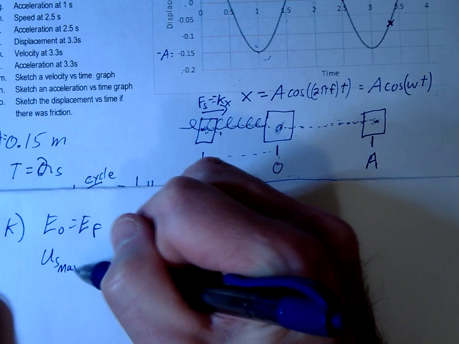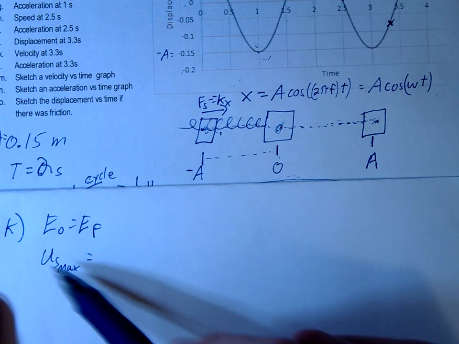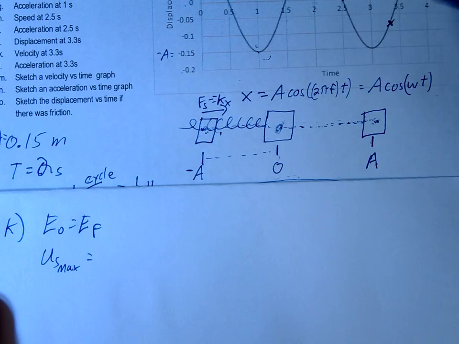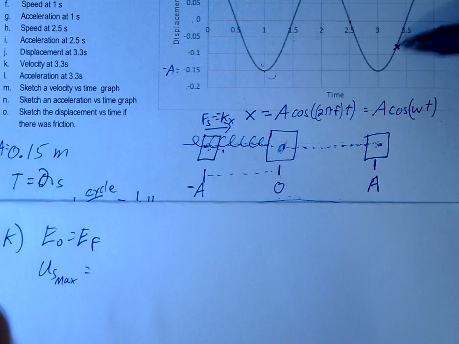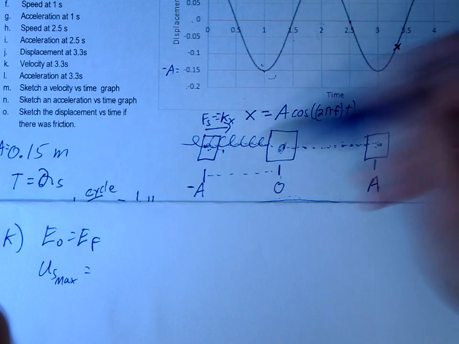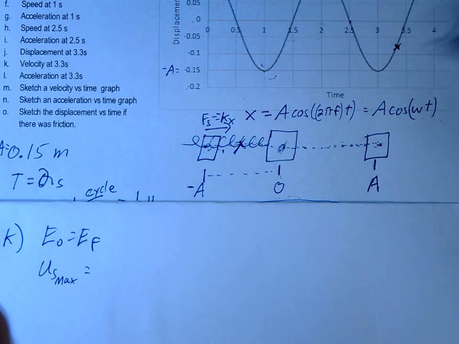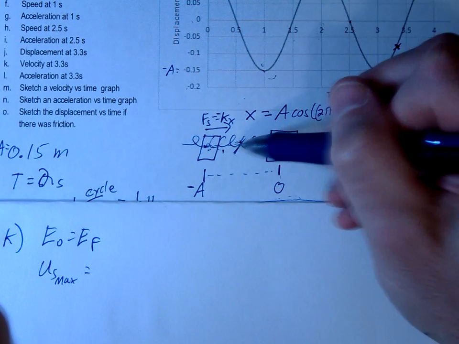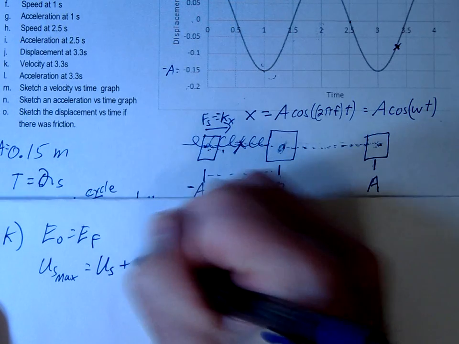You could also use KE max as well, but it doesn't matter, same number, right? And then at this point, notice that the mass is moving, but it's also being compressed. Since we're in the negative direction, this would be somewhere over here.